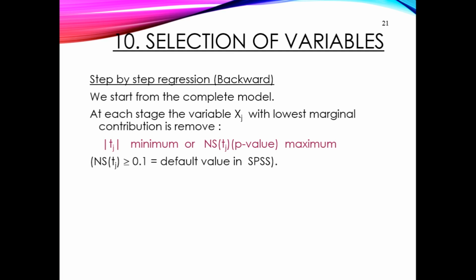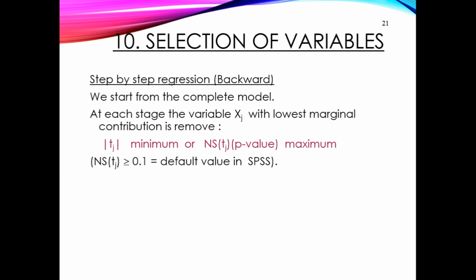And we will do it step by step. We will do it until we have every variable of our model significant at 10%. 10% is the threshold chosen in many statistical software that are used in order to estimate the step-by-step regression.